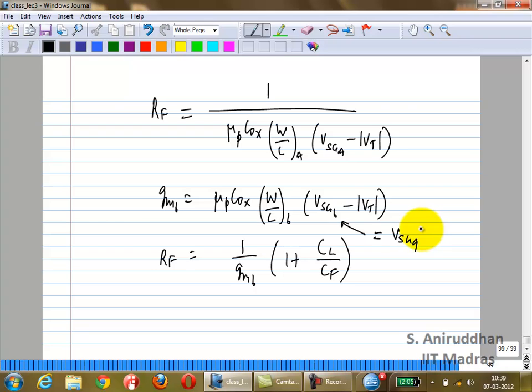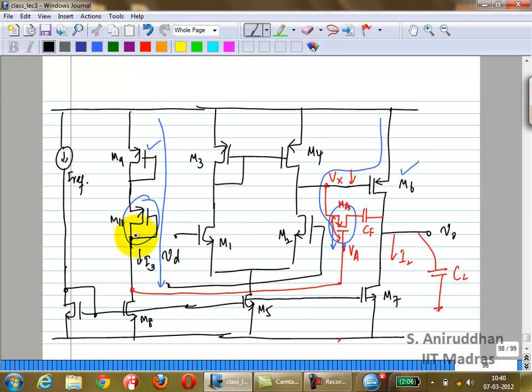Is that clear? This is also true, so the VSG of A should be the same as VSG of 10.